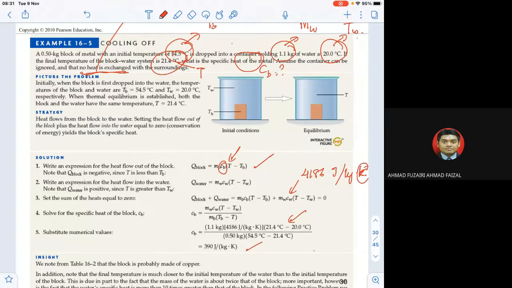You just subtract in Celsius, but you put Kelvin units, because we can multiply and cancel out with the units of CW. So the final answer is 390 joule per kg Kelvin.